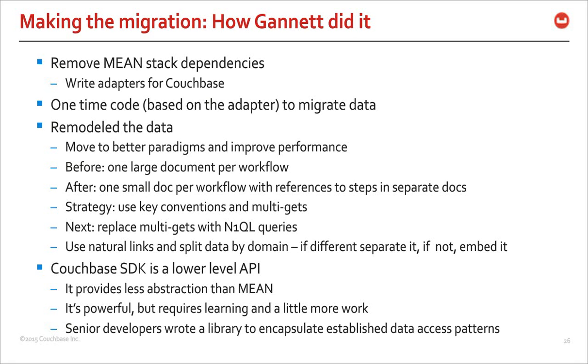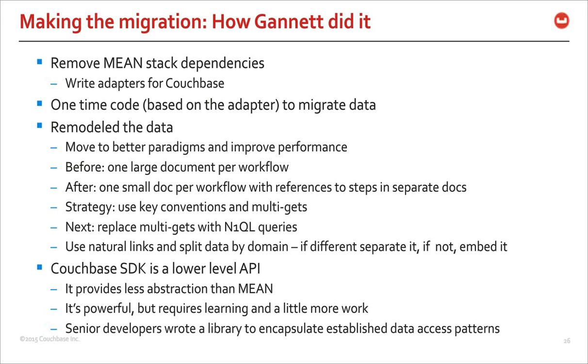From a relational world, you could have dozens, even hundreds of tables, maybe more, depending on how complex your application is. In the old NoSQL world, it goes all the way to the other extreme where you have one big document.